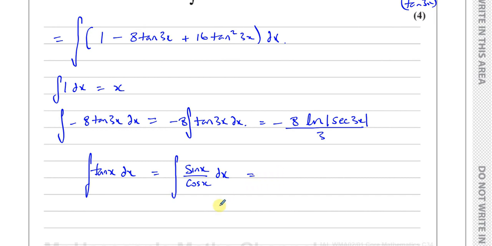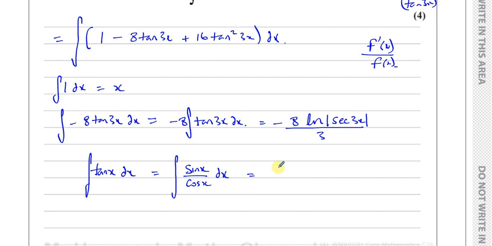Reverse of the chain rule, because what we have here is the integral of sine x times 1 over cosine x. Or you can think of this in a better way: the numerator is the differential of the denominator. The numerator is of the form of the differential of what's in the denominator. So something like that will always integrate to give you the ln of something.